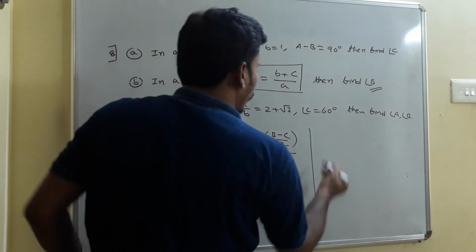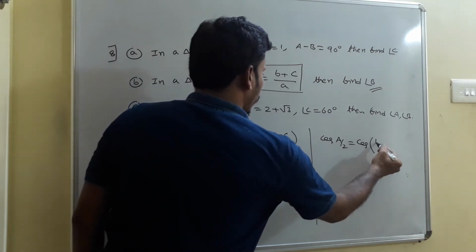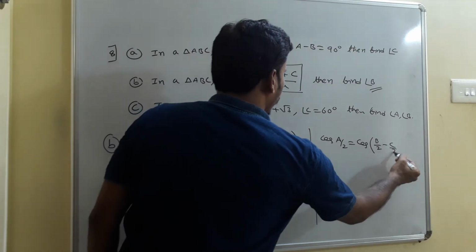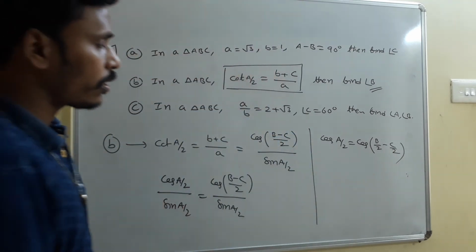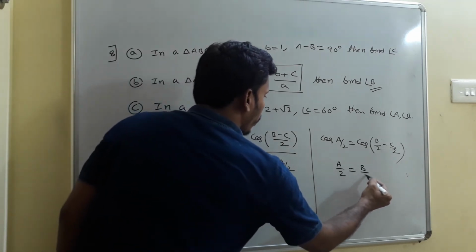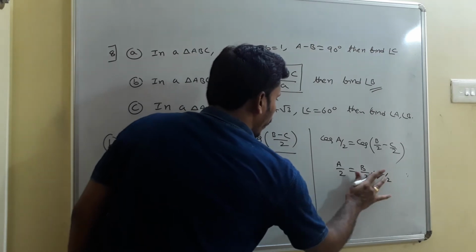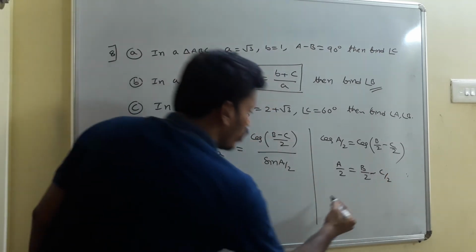And next step you have that cos A by 2 is equal to cos of (B by 2 minus C by 2). So both are cos, you just remove it and you will get that A by 2 is equal to B by 2 minus C by 2. I need to find angle B. Send C by 2 this side.